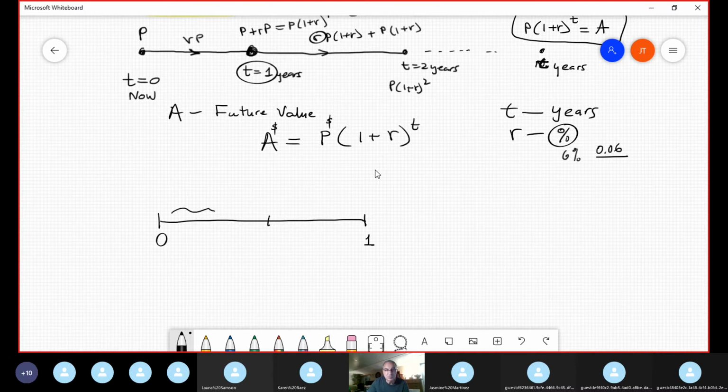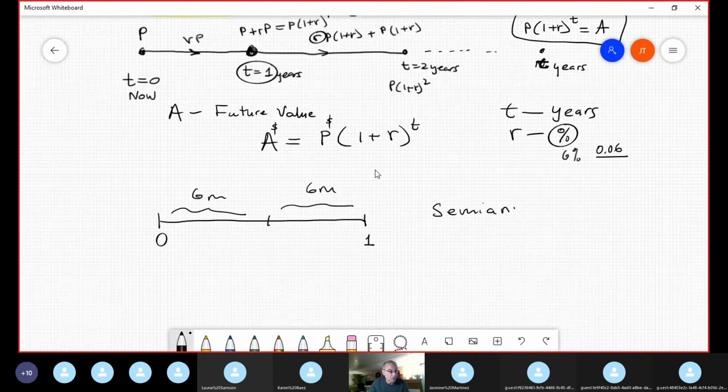This is 6 months, and this is 6 months. This amount of compounding is called semi-annually, because we have n equal 2, since you divide 1 year in 2 parts.